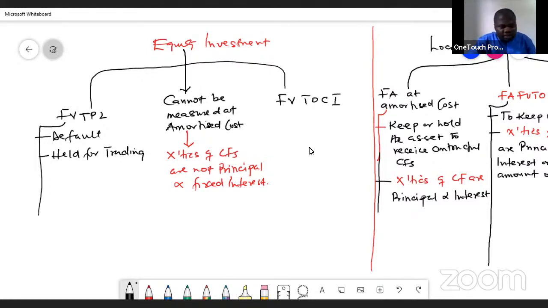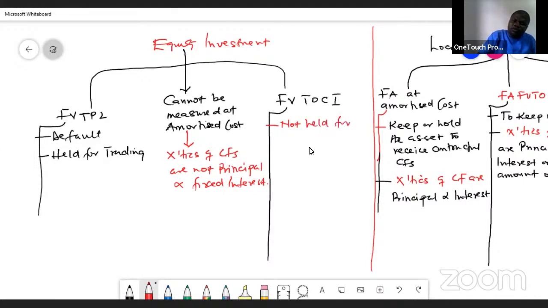But if it is not held for trading, then you can have an option to designate it as what? Fair value through OCI.